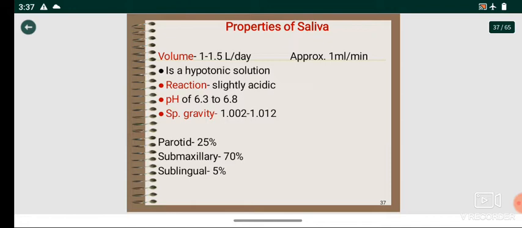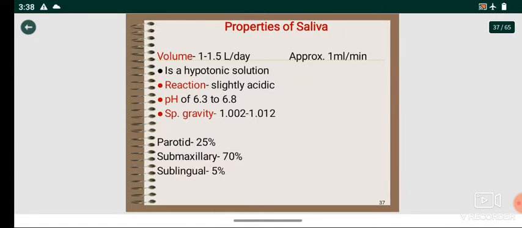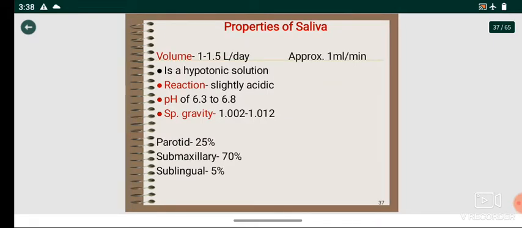So this salivary pH ranges from 6.3 to 6.8 normally, but its pH varies with its secretory rate. Whenever its secretory rate is low, then the pH of saliva is in the range of 6.3 to 6.0, slightly acidic.